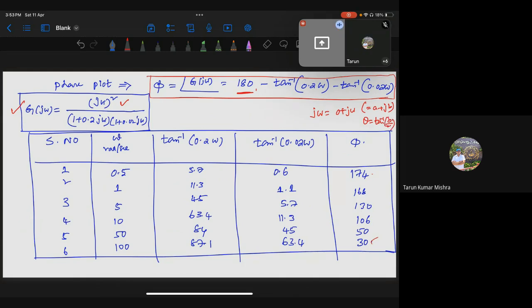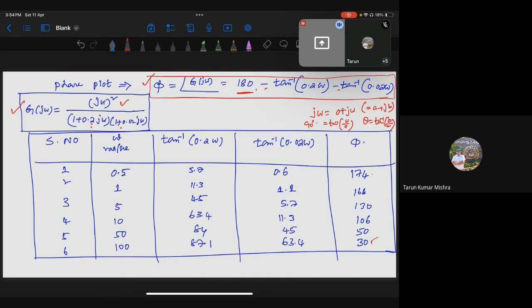Here, tan inverse omega by 0, that is infinity. Tan inverse infinity is 90 degrees. So 90 into 2, since j omega is multiplied twice. Similarly, when these terms go up, they become negative. This is the phase angle.